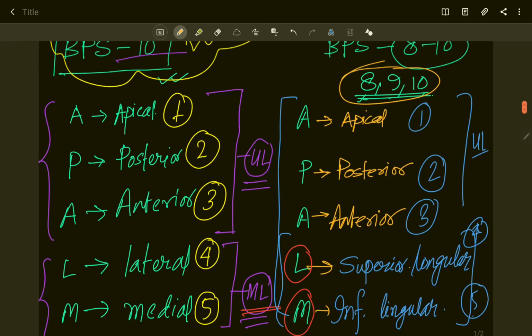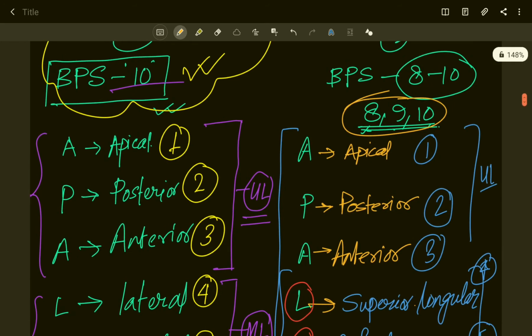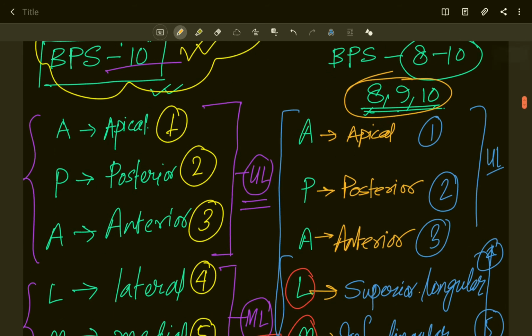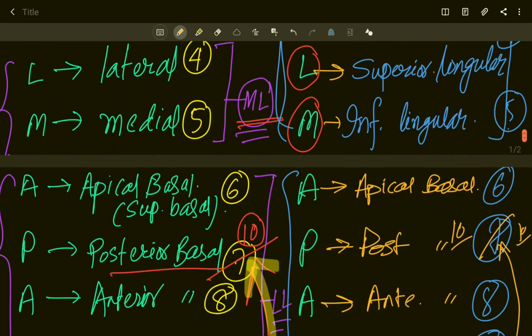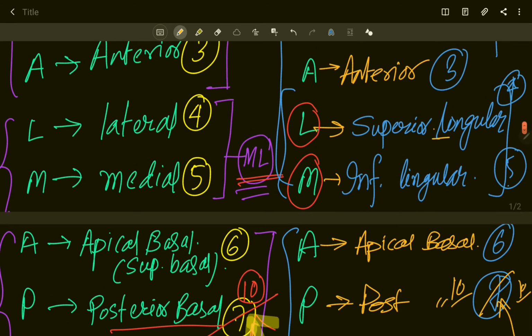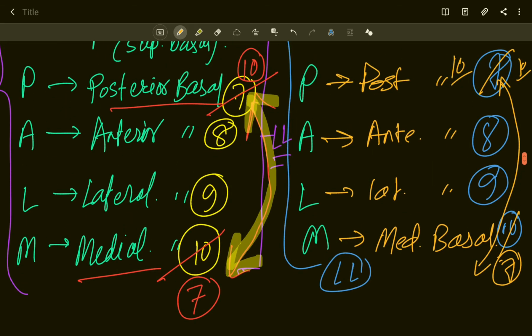Now there are some modifications or some cases in the bronchopulmonary segments of the left lung. First of all, what is lingular? Lingular is nothing but a tongue-like muscular projection present in the lungs. Now I am going to tell you some modifications of the left lung mainly.